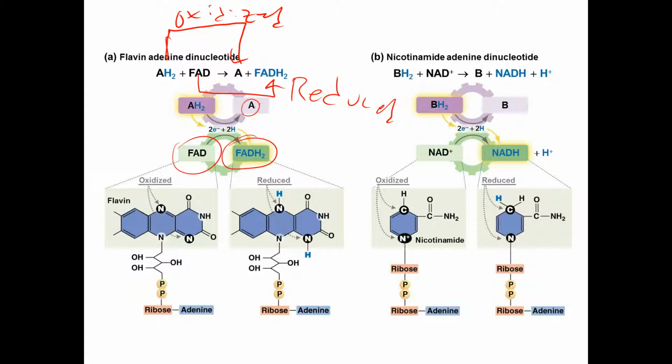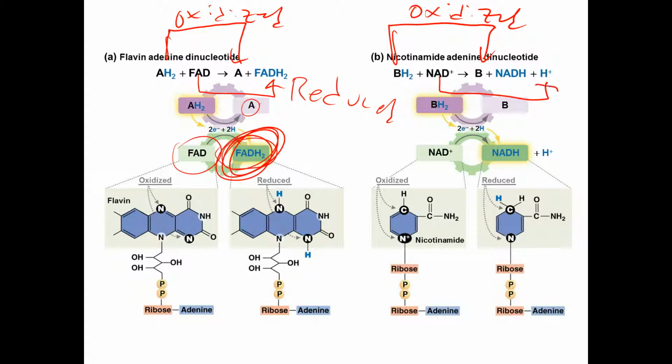So electrons are being shuttled from one molecule to this molecule here, an electron carrier. The same thing here, with nicotinamide adenine dinucleotide. You have some arbitrary reactant with two hydrogen atoms, and you have NAD plus. This molecule here will be oxidized, and this molecule here gets reduced.